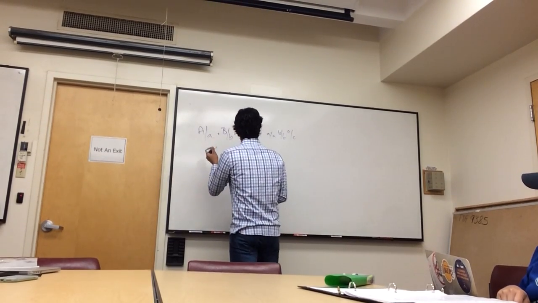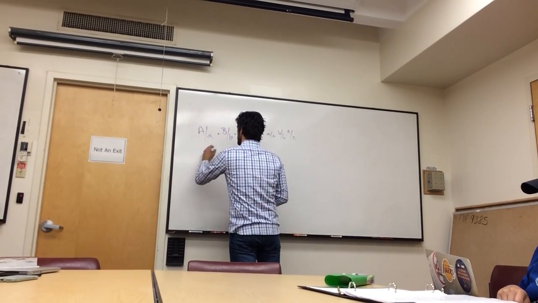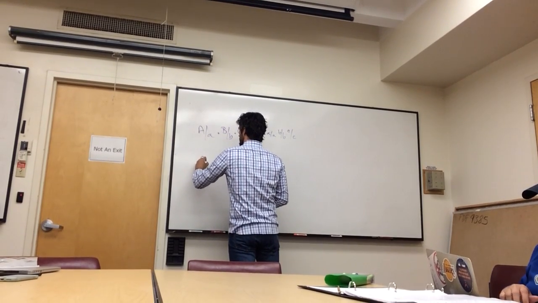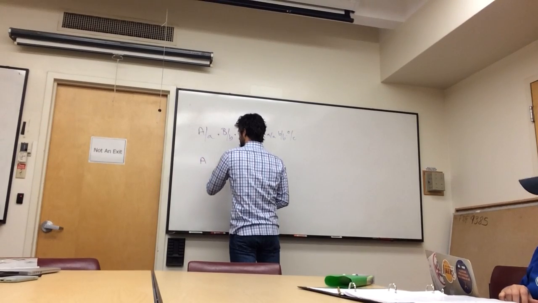So let's see what we can do here. So let's say that we cross these guys, we get progeny classes that represent.